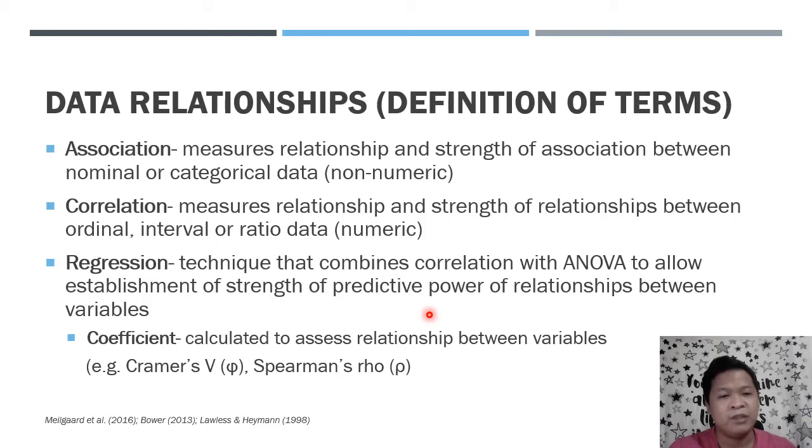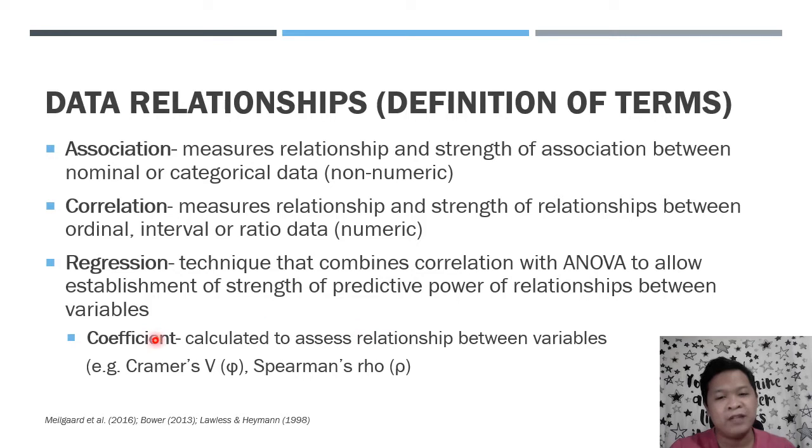So for example, you may want to correlate or regress hedonic liking with pH level or acidity levels, titratable acidity levels, or total soluble solids. That would be an example of either correlation or regression depending on what method you use.